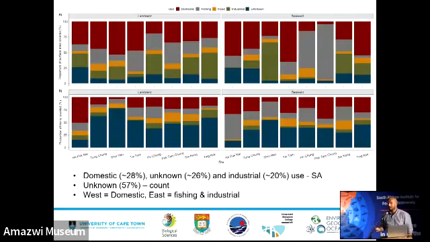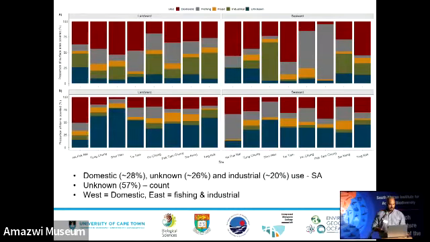So this could be plastic bags, brushes, anything that you use for your domestic purposes, followed by unknown. The unknown category were items that were way too small to categorize confidently. This is followed by industrial uses such as metal that were clearly used in industry, or processed wood that has been illegally dumped.